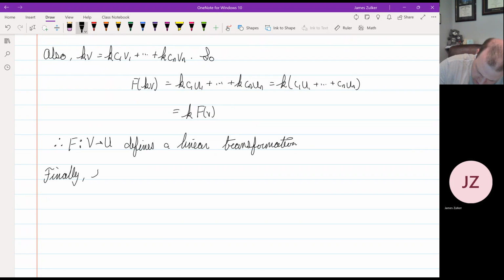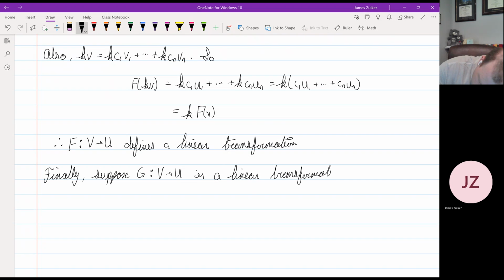So finally, suppose we have a mapping G from V into U that is a linear transformation such that G of V sub I equals U sub I, just as we've done in f.